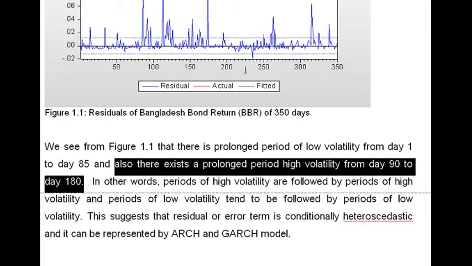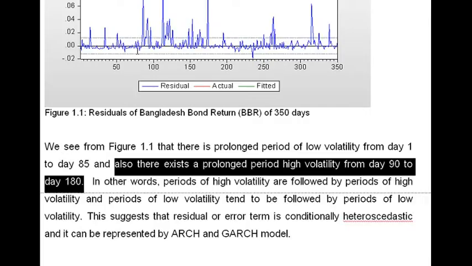And you can see from day 1 until day 85 the volatility is low. Low volatility for a long time. 85 days continuously there was low fluctuation for a long time. 85 days were low volatility.